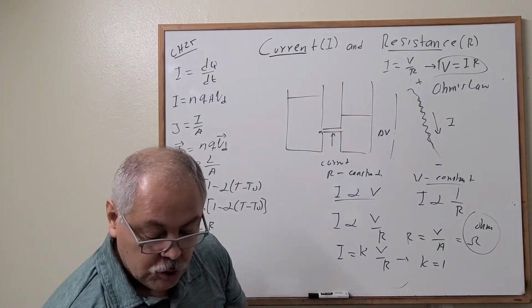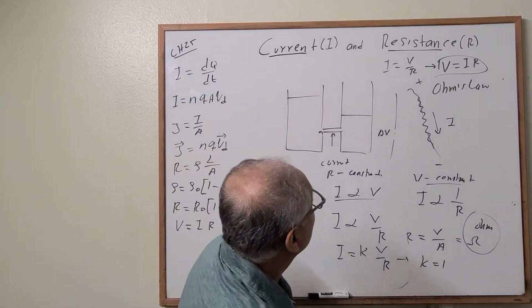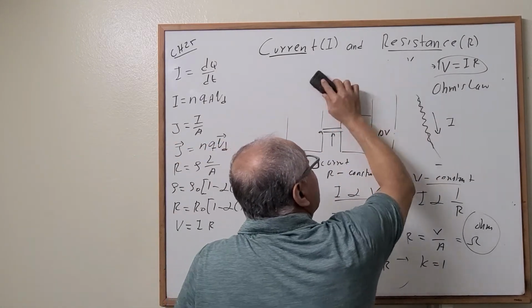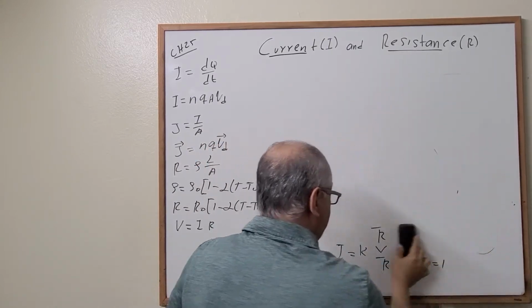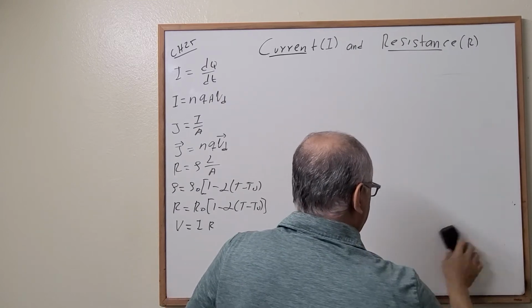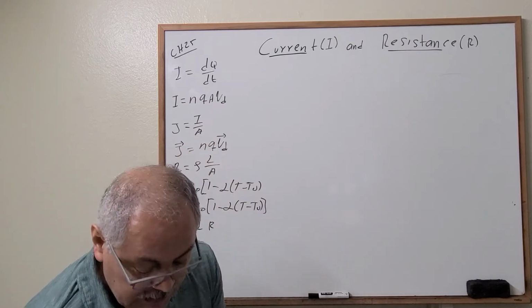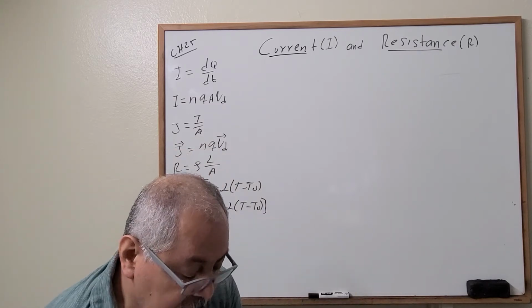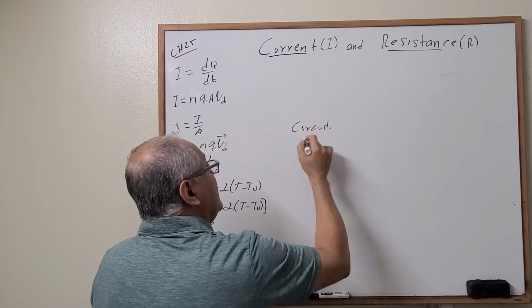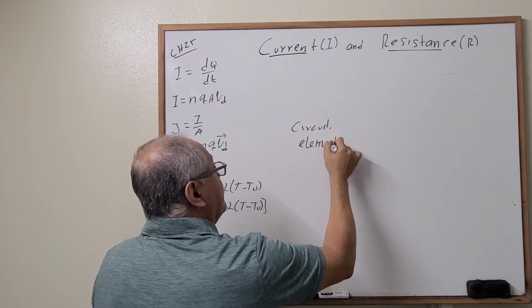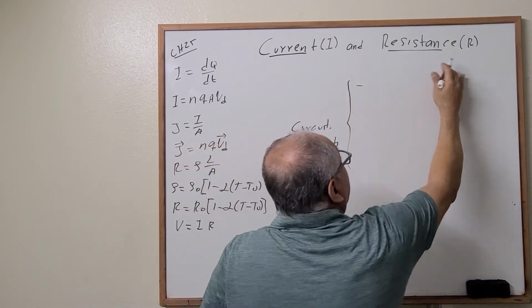Now, let's go to a circuit. These are the main parts of a circuit, these are actually the circuit elements. We have the resistor.